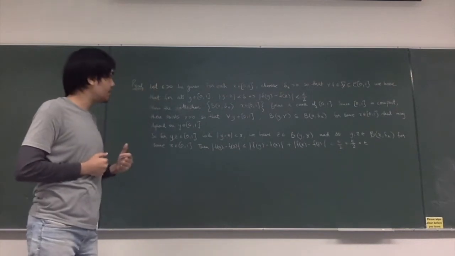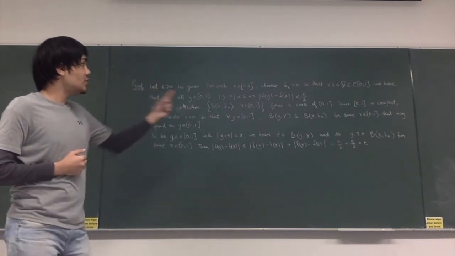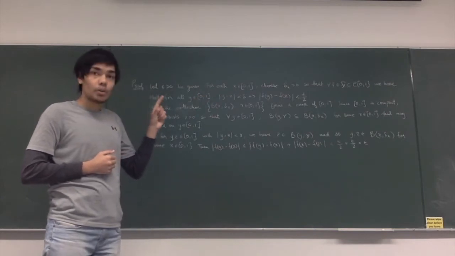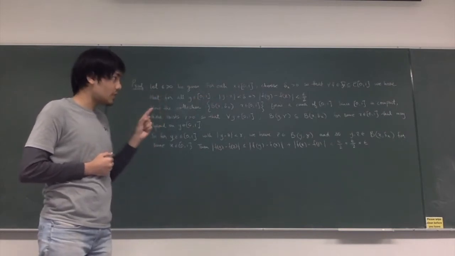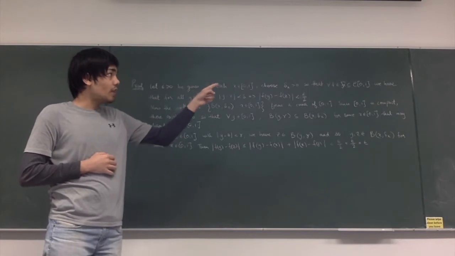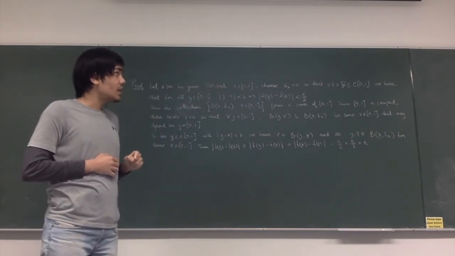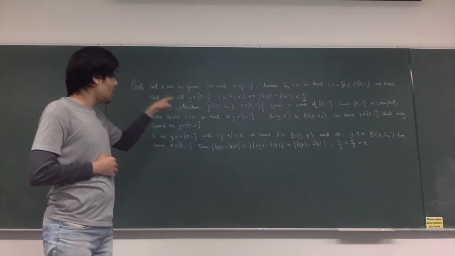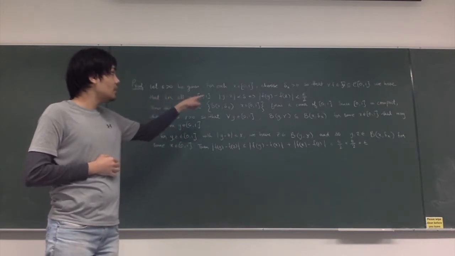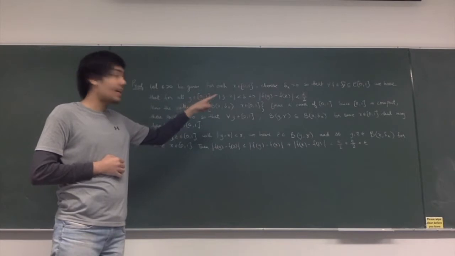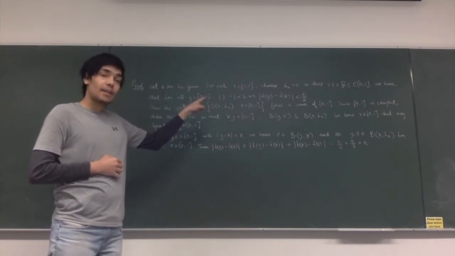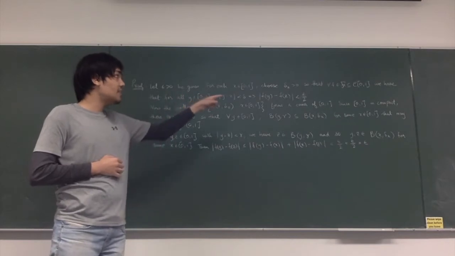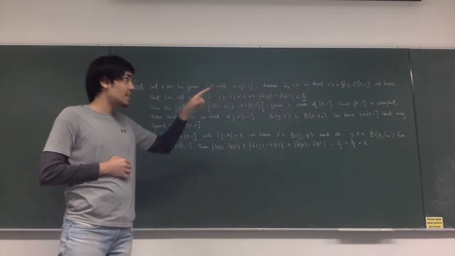Let epsilon positive be given. Then for each x in our interval [0,1], we choose a positive real number delta sub x, so that for all functions f in our family, whenever y lies in our interval [0,1] and y is within delta of x, that means |y - x| is less than delta, then that implies |f(y) - f(x)| is less than epsilon/2.